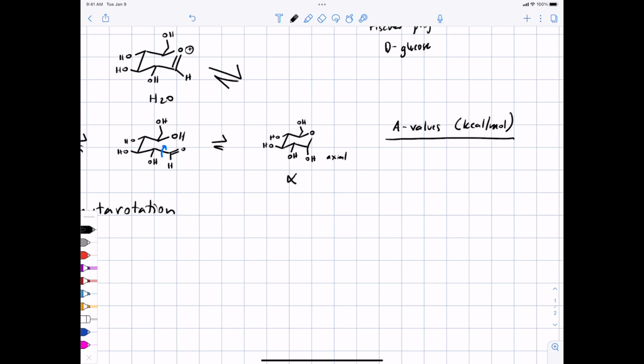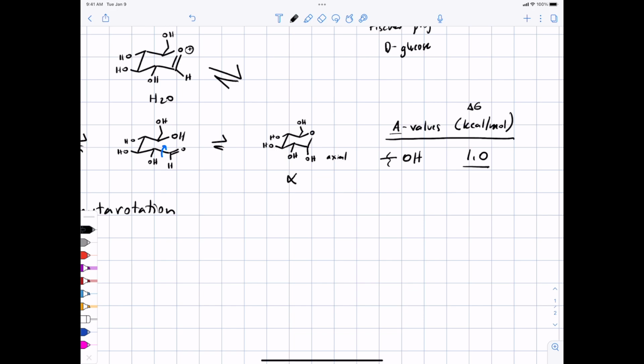These are actually derived from equilibrium constant experiments where they measure the difference in energy between an axial versus equatorial conformation. For the OH group, that number was about 1 kilocalorie per mole. I guess I've already got the units there. So about 1.0. And you can use that number, that's a free energy number, basically delta G, for how much more stable or less stable it is to have something axial versus equatorial.